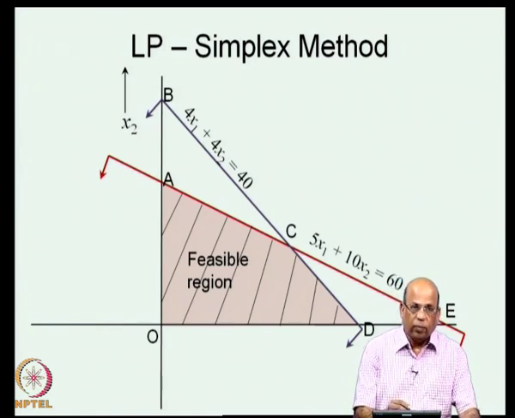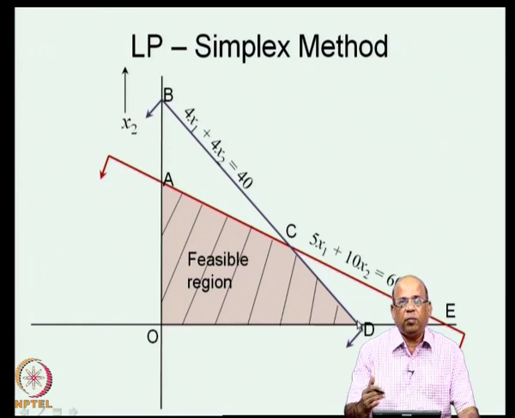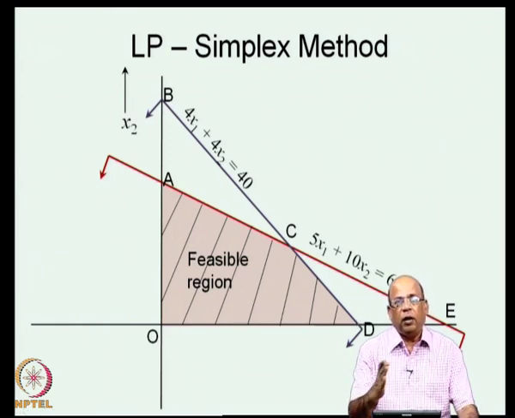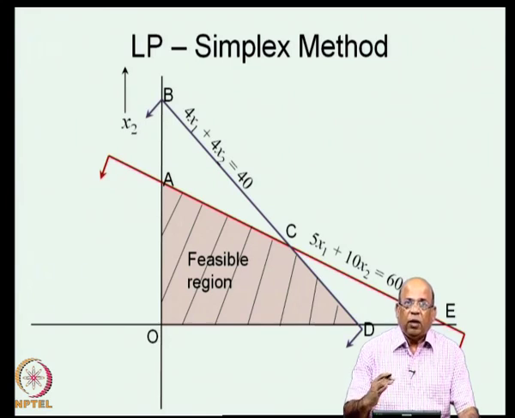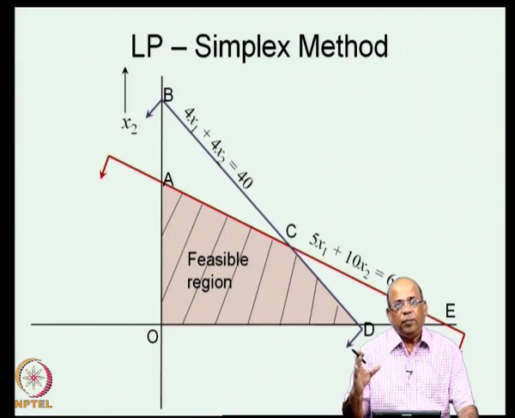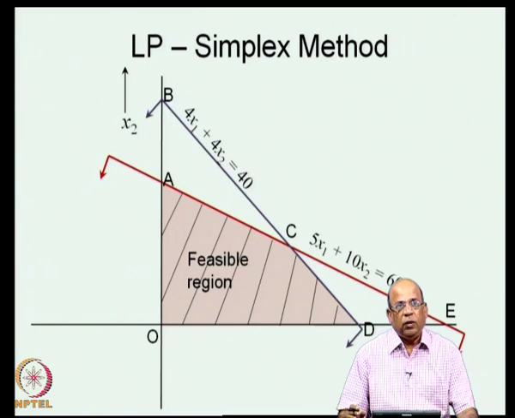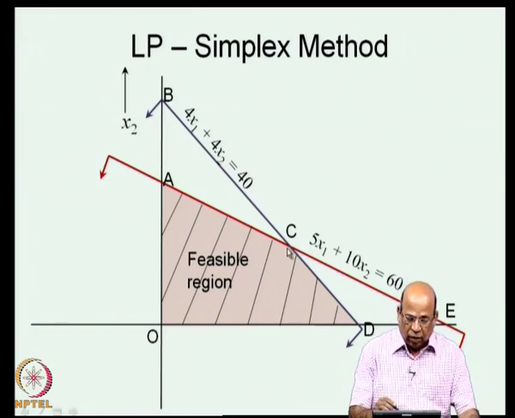Starting with one basic feasible solution, we should be able to progress to the next basic feasible solution, which means that from one corner of the feasible region, we should be able to move to the next corner, from there to the next corner, etc. Each time ensuring that there is an improvement in the objective function, until there is no further improvement possible, or you have exhausted all the corners if you want to enumerate exhaustively, or that you attain such a point beyond which there is no further improvement in the objective function possible, and that becomes the optimal solution.